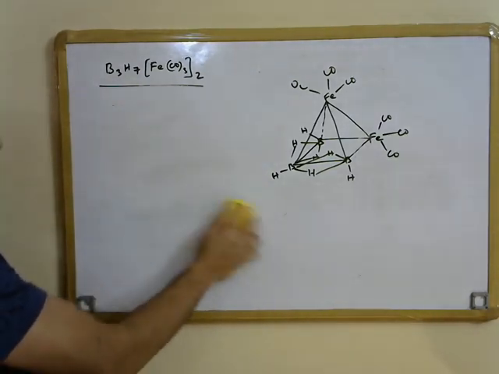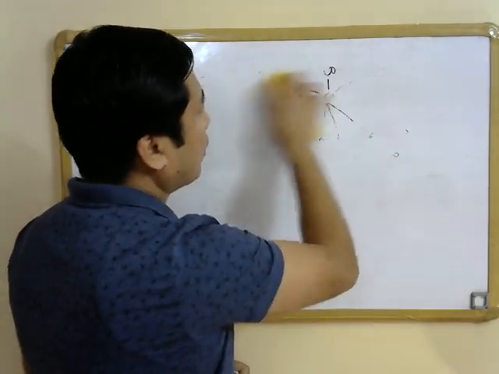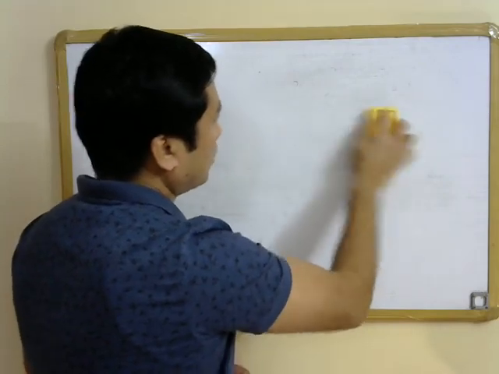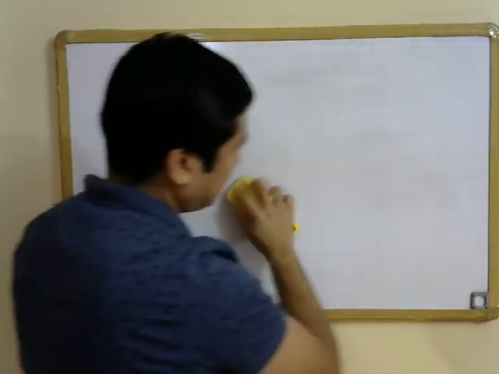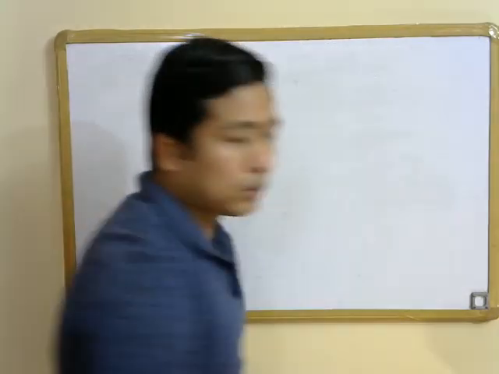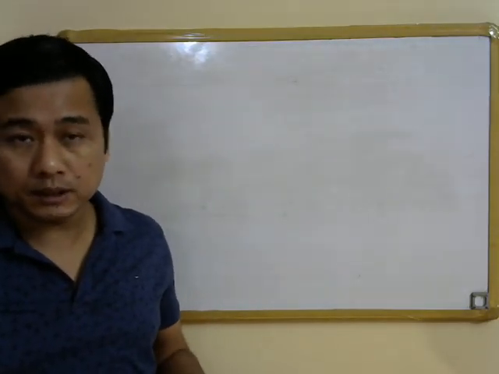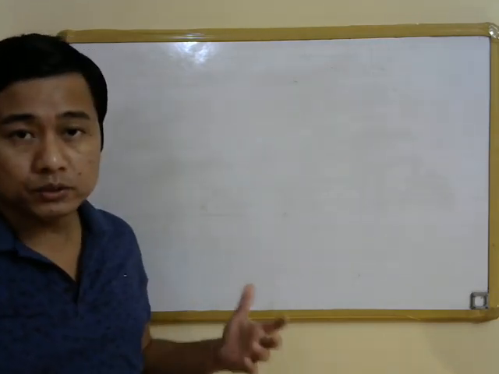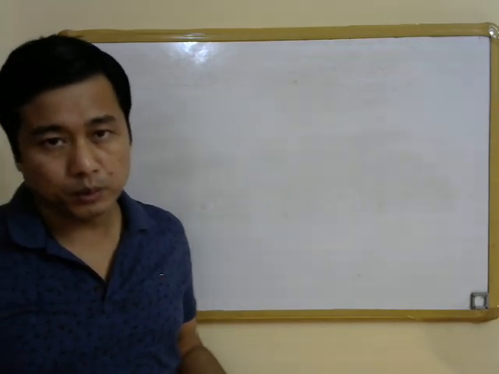We will now extend Wade's rule to predict the structure of non-borane clusters. We can use Wade's rule quite successfully to predict the structure of metal-carbonyl clusters as well. So let us try to find out the structure of a metal-carbonyl cluster by using Wade's rule here.